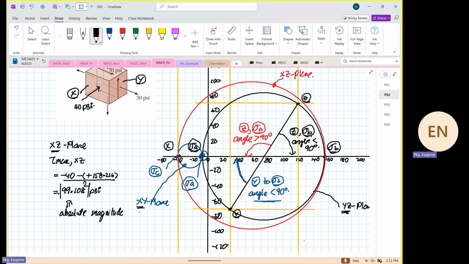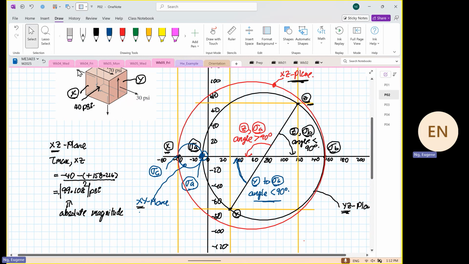So any angle that's less than 90 degrees, so this is Z, and this point over here is X, that is your plane, okay? So this is the 3D Mohr circle. And now you can see the exact plane has the what? Maximum shearing stress, okay?